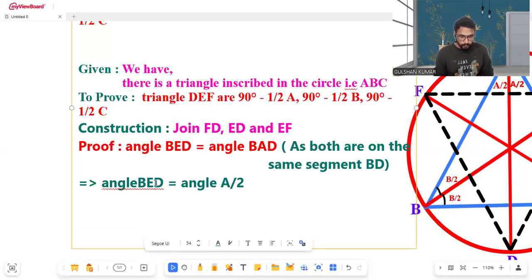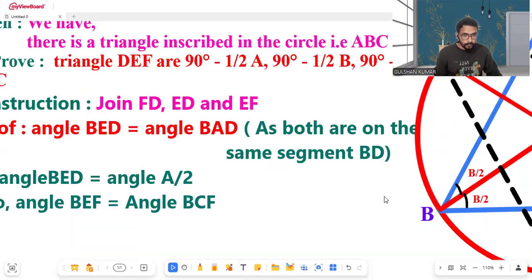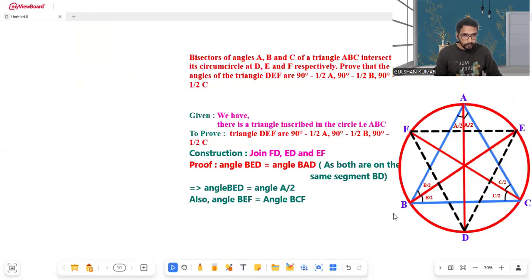So also angle BEF equals angle BCF. Which one? That is BEF and BCF.